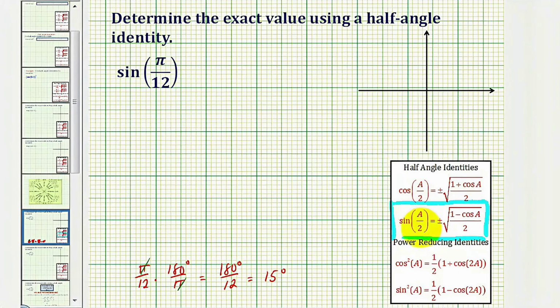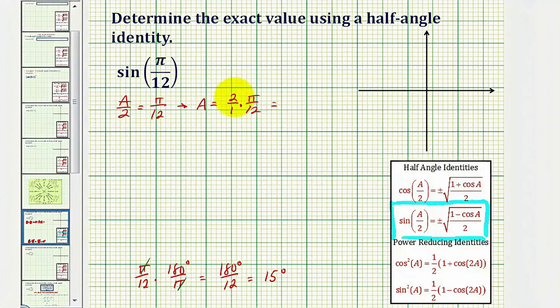So notice that a over 2 must equal pi over 12 radians. So if a divided by 2 is equal to pi divided by 12 radians, to solve for a, which we need on the right side of our identity, we would multiply both sides by 2. So a is equal to 2 over 1 times pi over 12 radians.